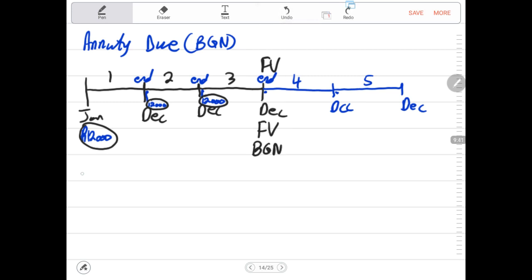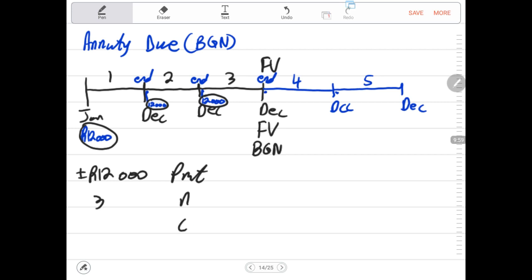So now we have to say plus minus 12,000 is the amount that was borrowed, and this is PMT, the payments that were borrowed. Then our N will be 3.